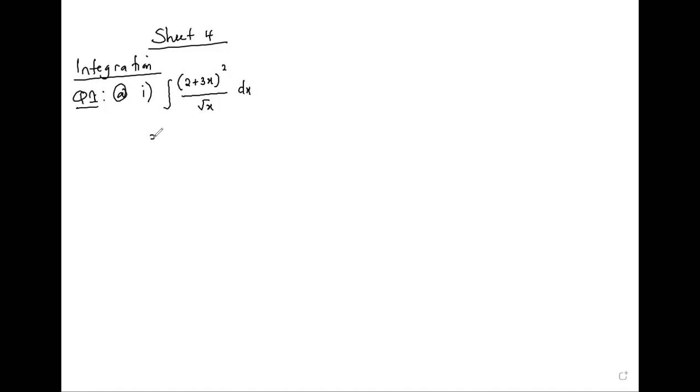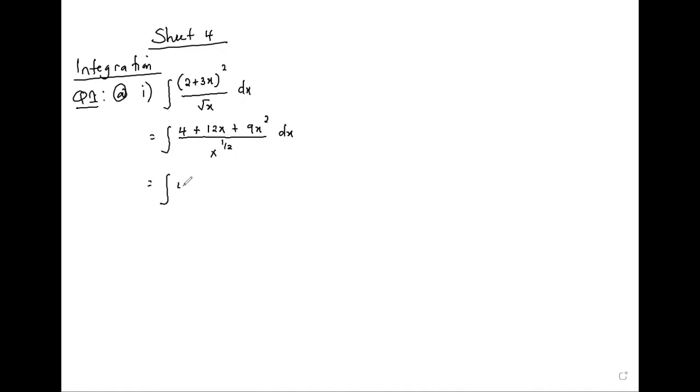If you look at the numerator, you can easily expand it to 4 plus 12x plus 9x squared. And then we can write root x as x to the power half. So now we can start dividing each part of the numerator by the denominator.